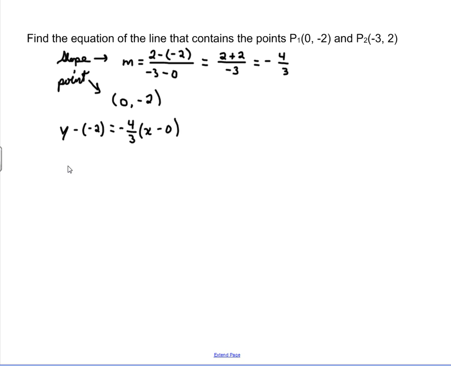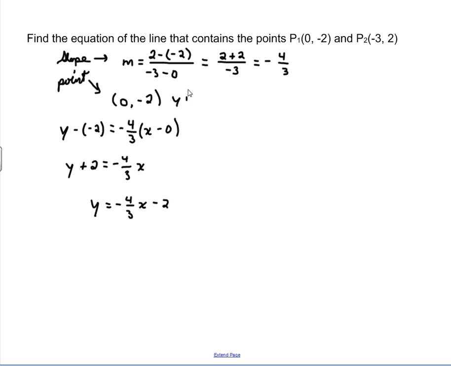And a little simplification reveals that we have y plus 2 is equal to -4/3 times x, and subtracting 2 from both sides would reveal y is equal to -4/3 x minus 2. But this might have been obvious from the beginning, because this is indeed a line with a slope of -4/3 that passes through the y-intercept at (0, -2).